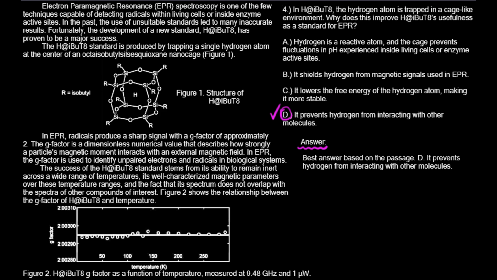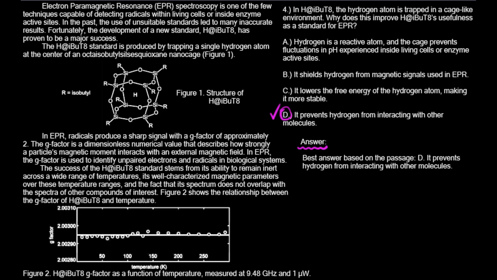But why? Because in EPR, we need a signal that is stable and reproducible. By isolating the hydrogen atom, the cage keeps its magnetic properties consistent no matter what's happening in its surrounding environment.